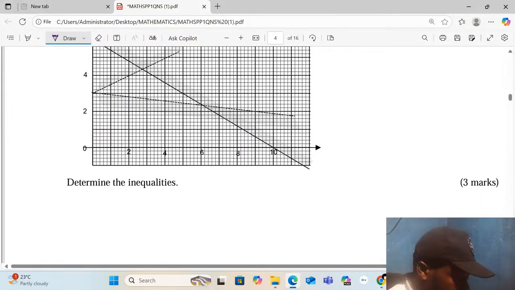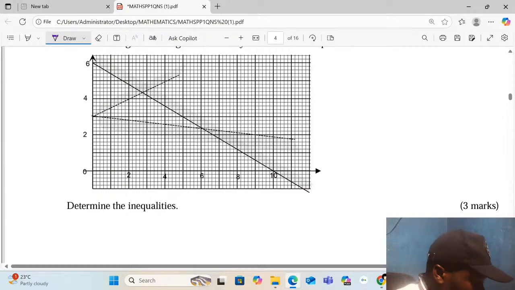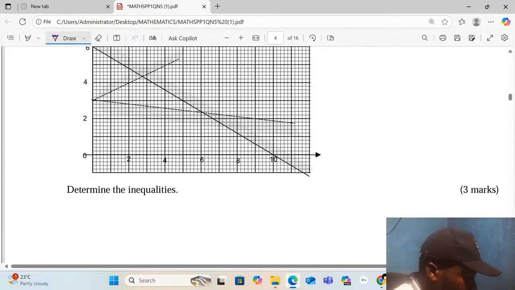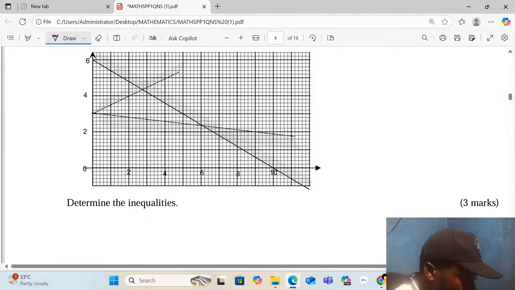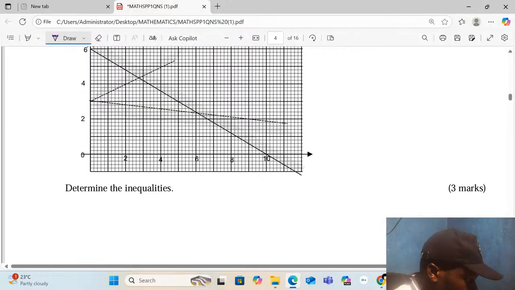Now, we have the first one. What you are always required to do is look for a point along the given line so that you use it to find an equation.